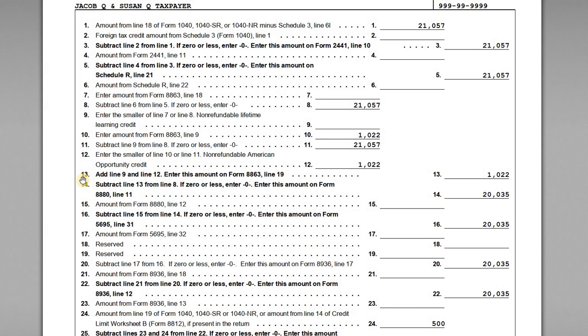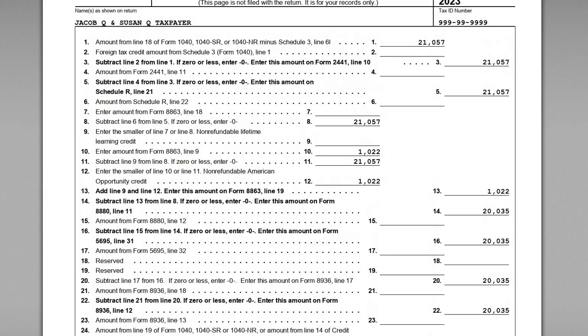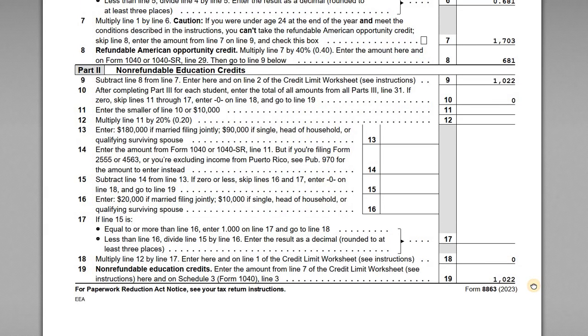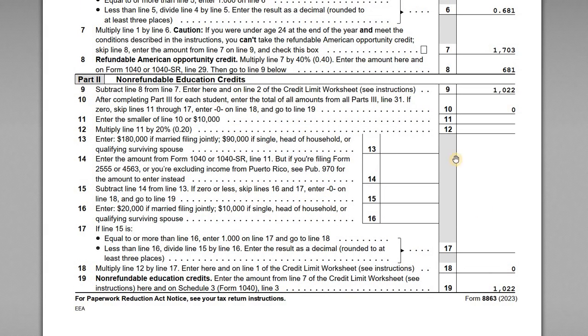And so here the credit worksheet prompts us to, on line 13, add line 9 to line 12, enter this amount on line 19 of the 8863. So if we look at our 8863, it is now confirmed for us that, okay, we're going to be able to claim $1,022 of the non-refundable American Opportunity Credit.